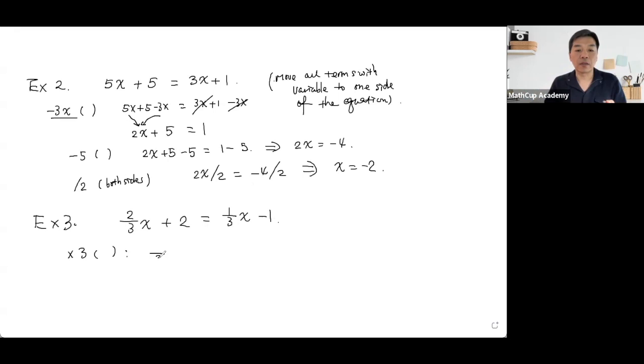And then we get 2 over 3x plus 2 times 3 equals 1 over 3x minus 1 times 3. And in here, you're using distributive law, which gets rid of the fractions. So you have 2x plus 6 equals x minus 3, right? 1 over 3x times 3 is x. Minus 1 times 3 is minus 3. Similarly, 2 over 3x.